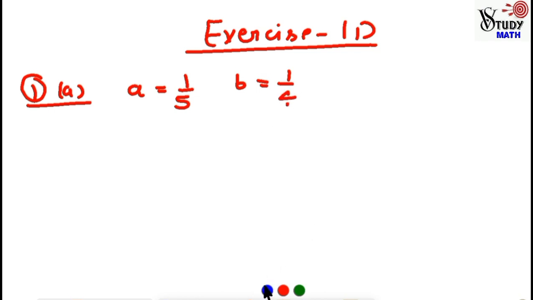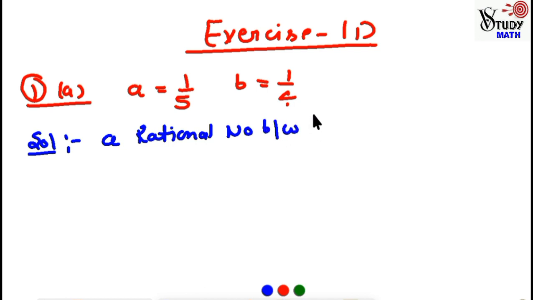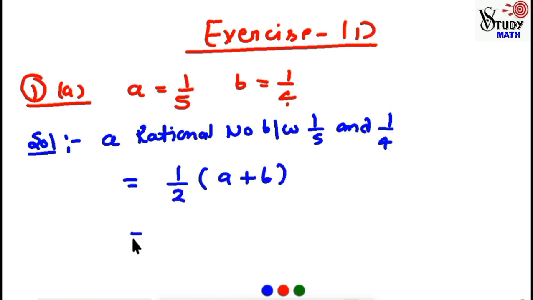And we have to find one rational number between them. So, my dear students, we are going to write a rational number between 1 by 5 and 1 by 4. The formula is 1 by 2 times (A plus B). Now put the value of A, that is 1 by 5 plus 1 by 4.